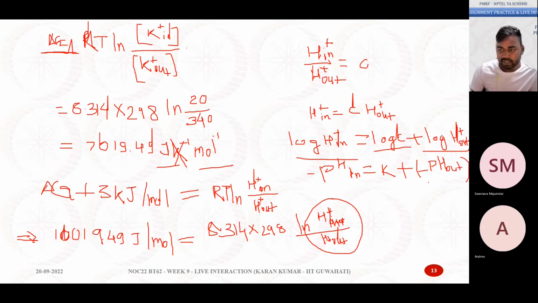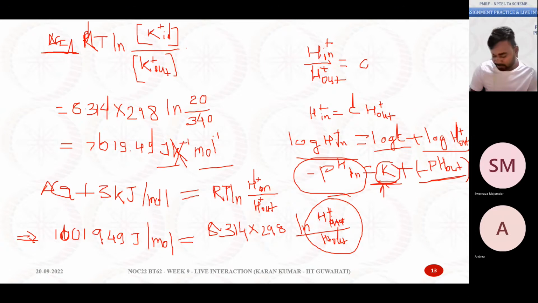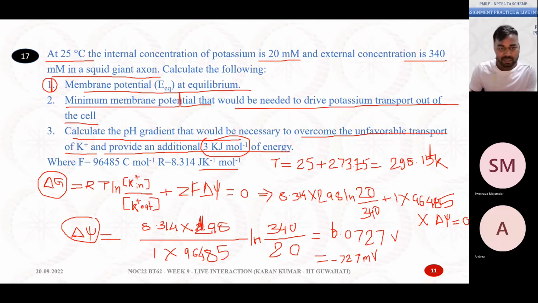If you take the difference of these two, it gives you the K value, which is the difference between the pH values, the pH gradient. This is the pH gradient necessary to overcome the unfavorable transport of K plus, with the addition of 3 kilojoule per mole of energy.